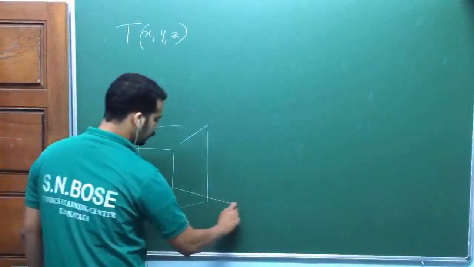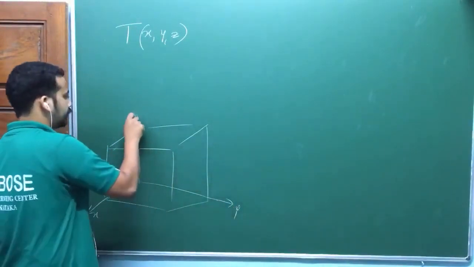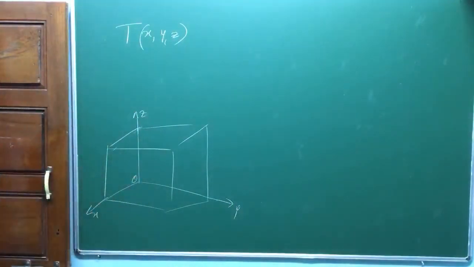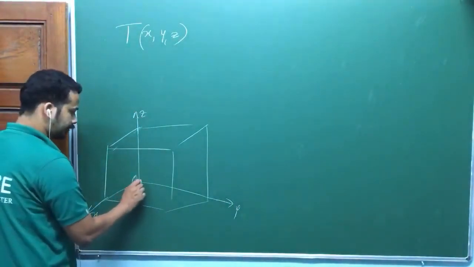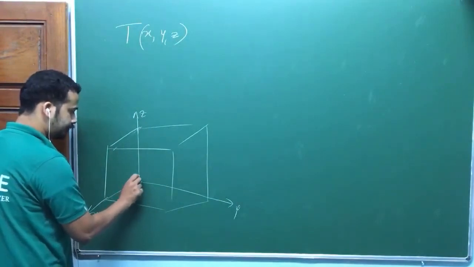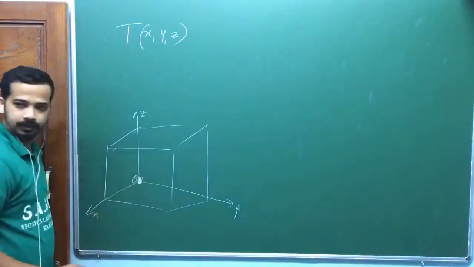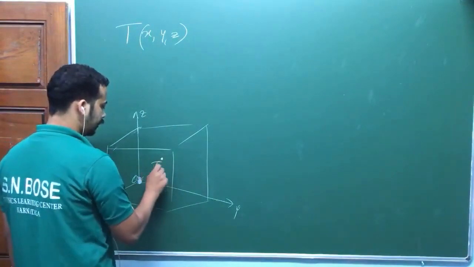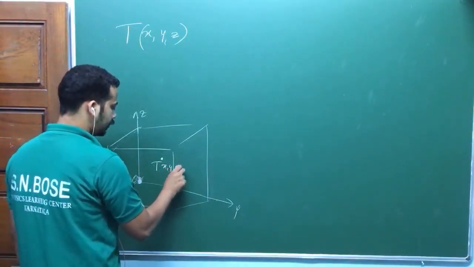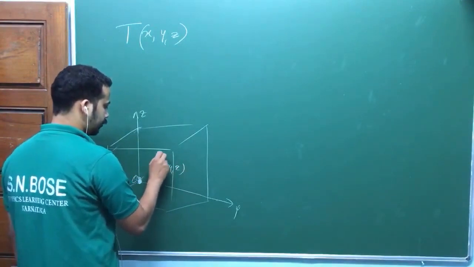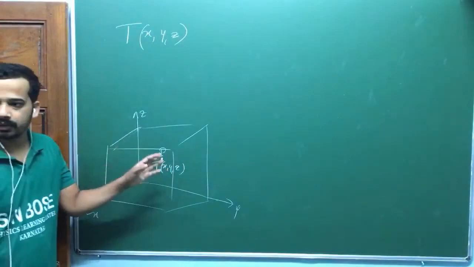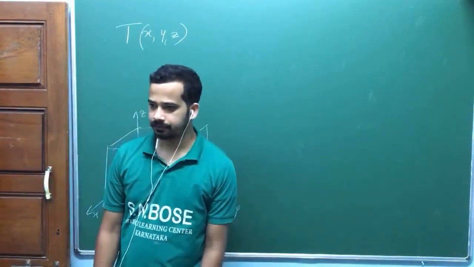I'll take this one as x, this one as y, this one as z, and this one as the origin. Now I'm going to put a fire here so that you can define temperature at some point, T of x, y, z, at point P with coordinates x, y, z. We call that a scalar field.